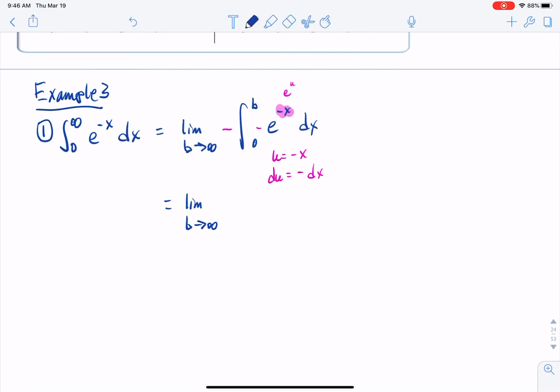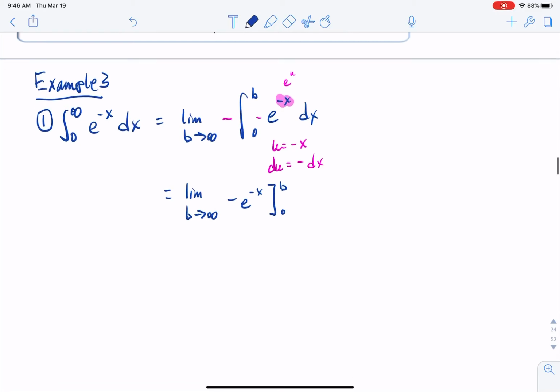The negative that's on the outside stays. The negative that's on the inside is part of the du here, which is negative dx, so it's going to disappear. So I got negative e to the negative x from 0 to b. You could always take that thing's derivative and make sure that you have the proper thing in the integrand just to check your work here.